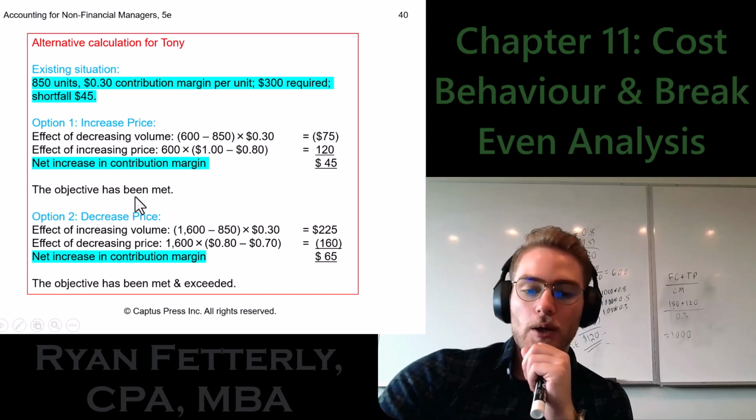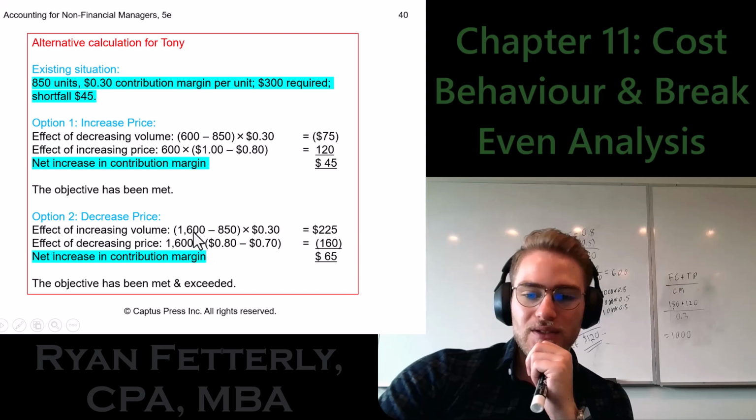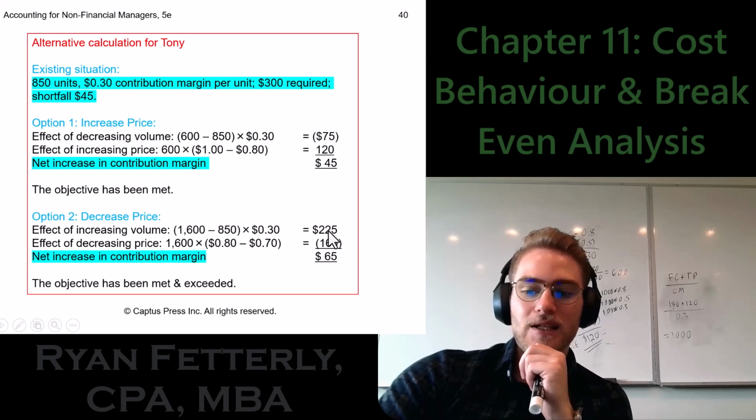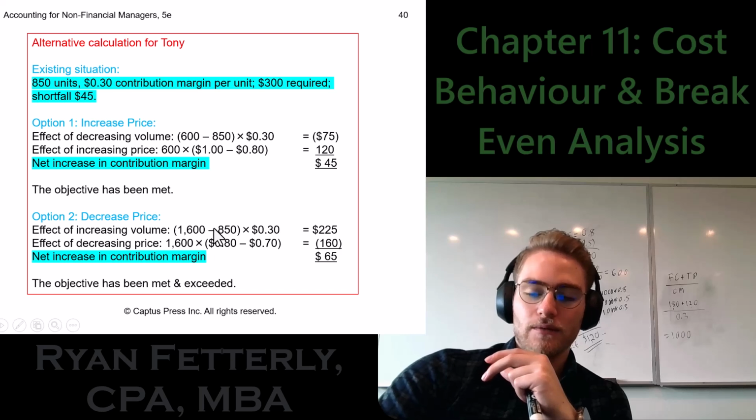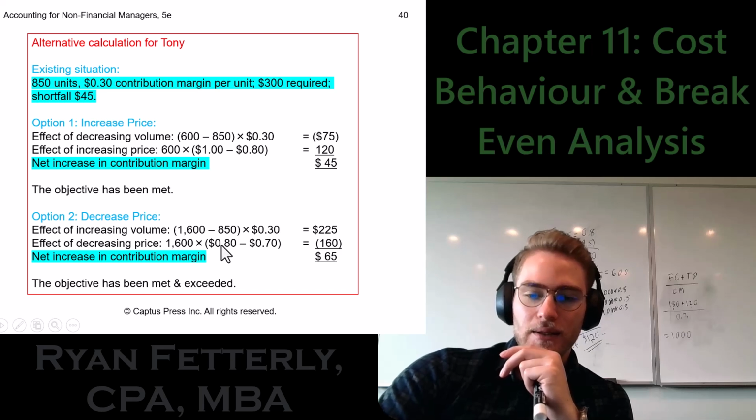Whereas with option two, now, with the increased volume, right? So the 1600, so basically the 750 additional units multiplied by the 30 cents, we're getting a $225 increase, right? In contribution margin associated with the increase in volume. But we're going to take a $160 hit on this because we originally would have sold for 80 cents, but now we're selling for 70 cents.